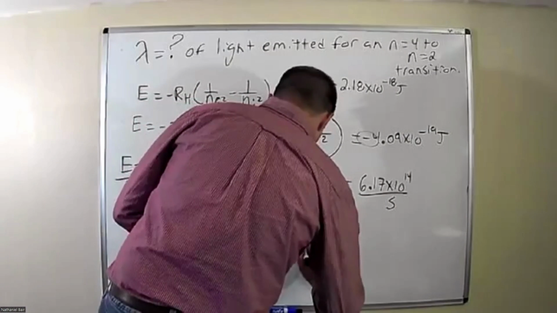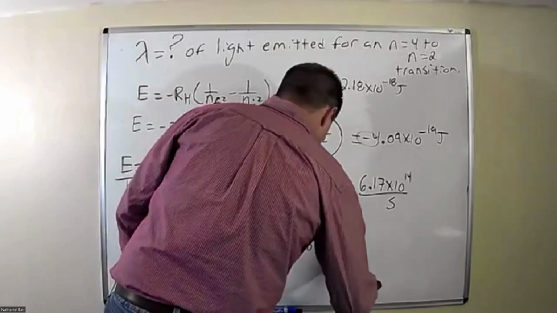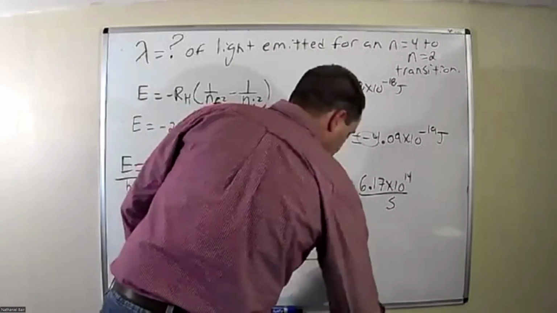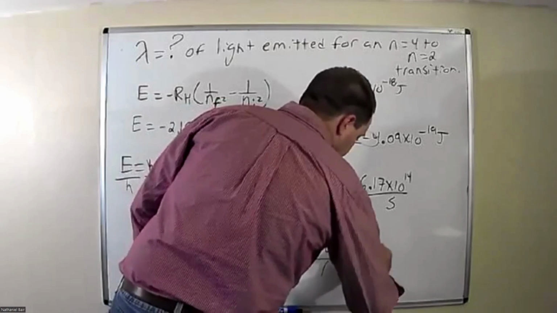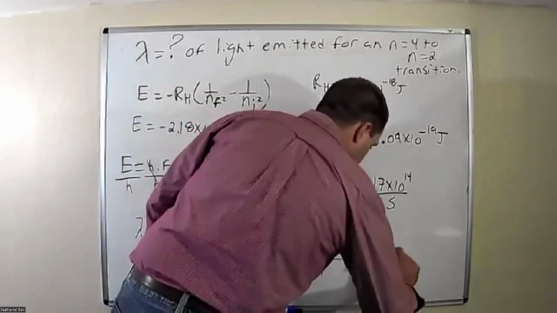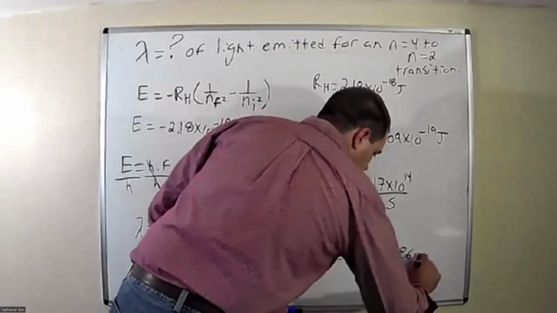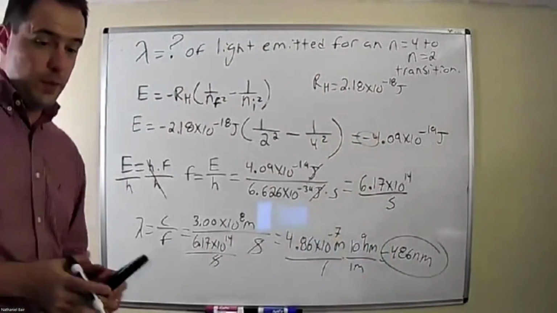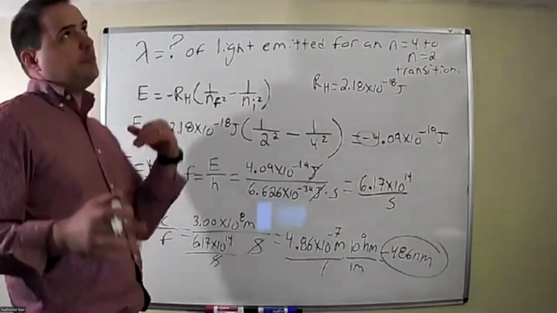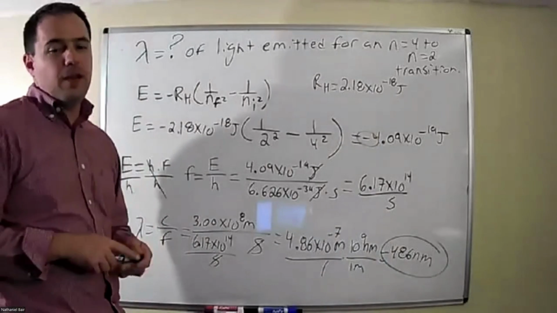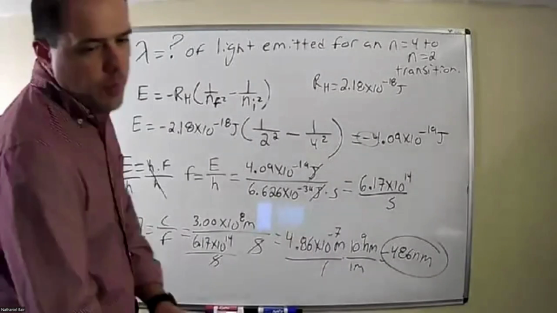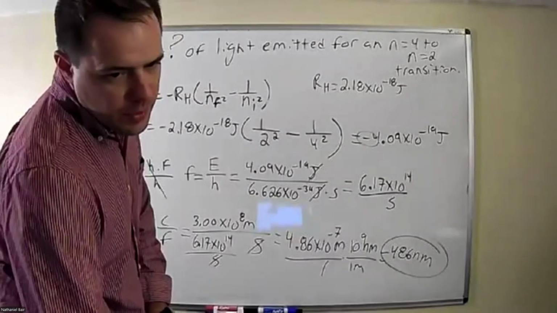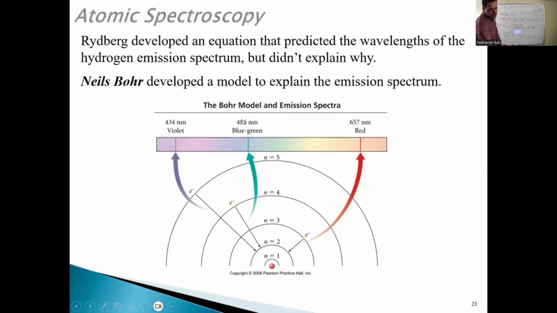That's 4.86 times 10 to the negative 7th meters. 1 meter, 10 to the 9th nanometers. So that's 486 nanometers, which falls in the visible spectrum and should absolutely be visible. In fact, if we go back to that slide we were just looking at, 486 nanometers.